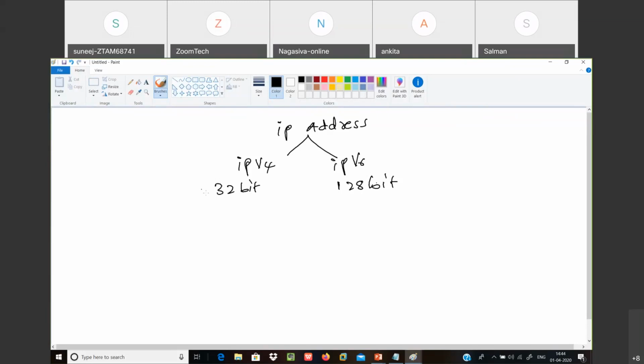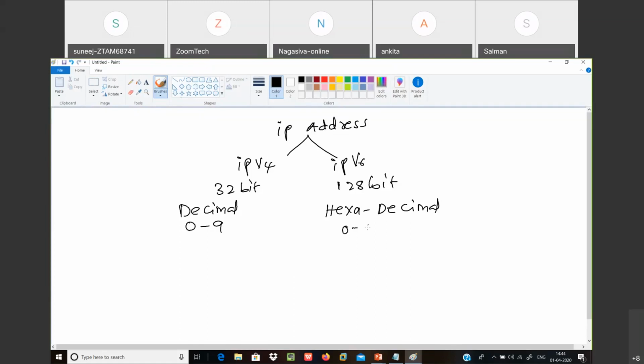The 32-bit address is represented in decimal, a combination of 0 to 9. But IPv6 is represented in hexadecimal, which is similar to mathematics.